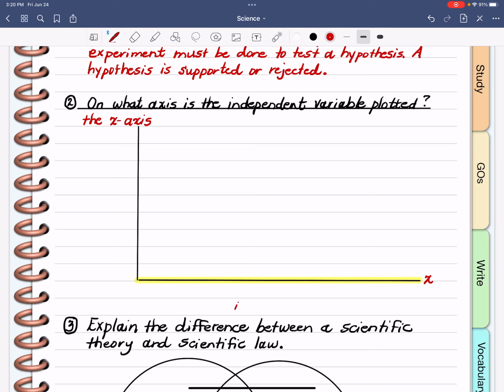And I'm going to come down here and call it the independent variable. The dependent variable is going to be on this axis.